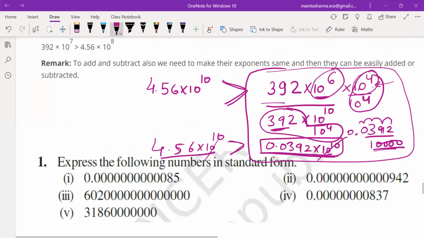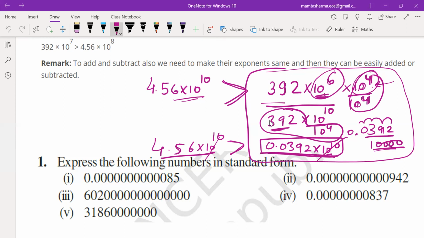Okay. Shubhra, if their exponents are not equal, try to make their exponent part the same. So here 10 raised to power 6. For making it 10 raised to power 10, I need to add 10 raised to power 4. So I can't multiply directly with 10 raised to power 4. If I am multiplying with this number, I have to divide with the same number so that there would be no effect on the number.